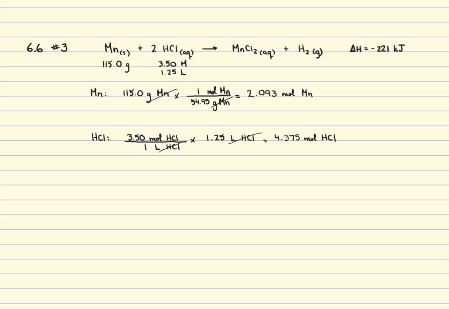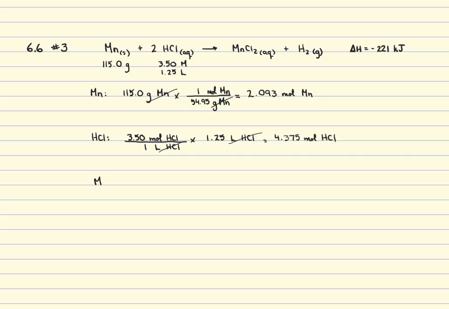Now I'm going to answer basically all of the parts of the question by going through the calculation of how much hydrogen gas would be formed for each of these starting amounts. And in part C, it asks us the theoretical mass. So I'm going to go all the way to the mass.